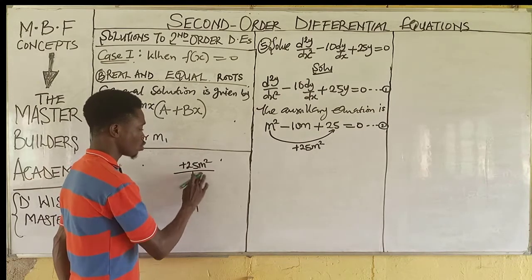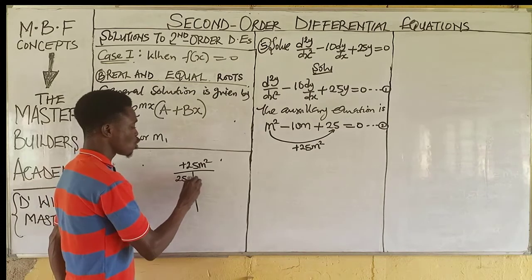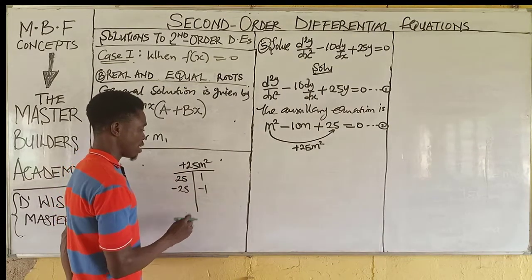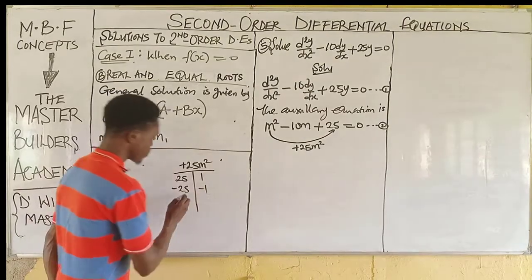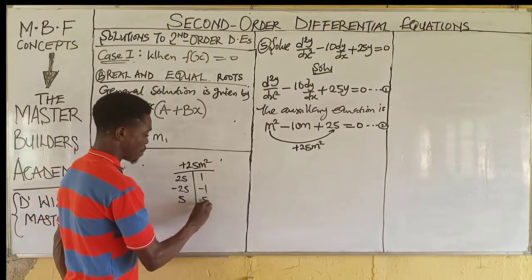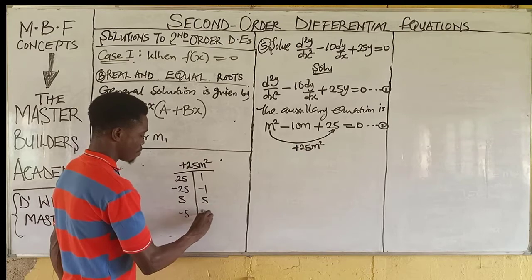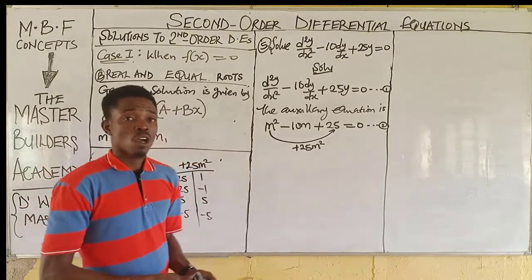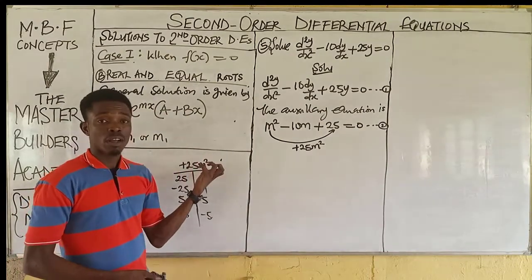So create a column for the 2 factors. The first factor must always be the number and 1, or minus 25 and minus 1, to throw a positive outcome. Then this is 5 multiplied by 5, or minus 5 multiplied by minus 5. Guys, these are the only 4 factors of positive 25.